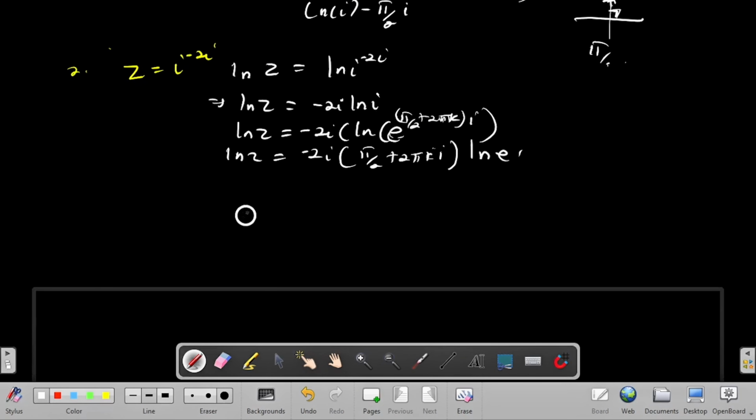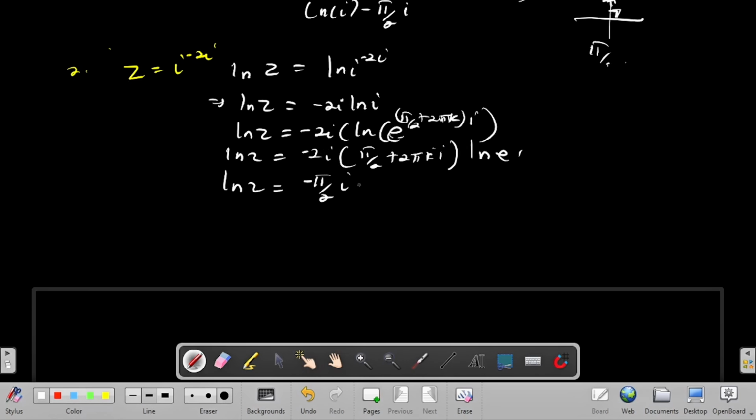So here, what do I do? I multiply through. So ln z equal to, now you can multiply through your 2i by this. So remember that this will cancel and I get negative pi, right? So 2 will cancel these 2 here, as simple as that. So I'll have negative pi on 2i, because the negative 2i here is multiplying through. Okay, so once you have this done, then it will also multiply this.